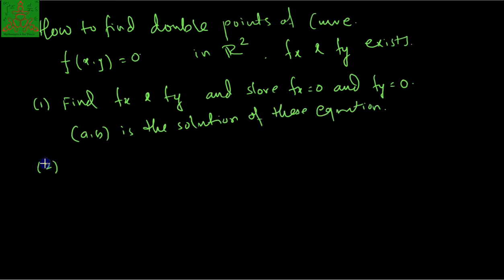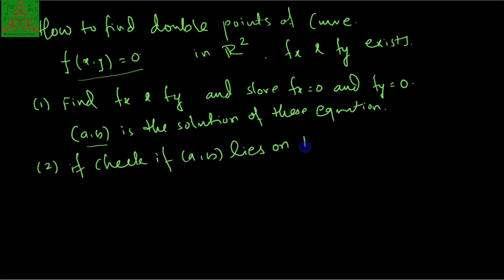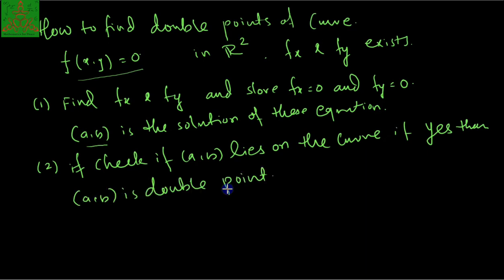The second step is to check whether the point (a, b) lies on the curve or not. If yes, then the point (a, b) is called a double point. So a double point means fx and fy are 0 and the point lies on that curve.